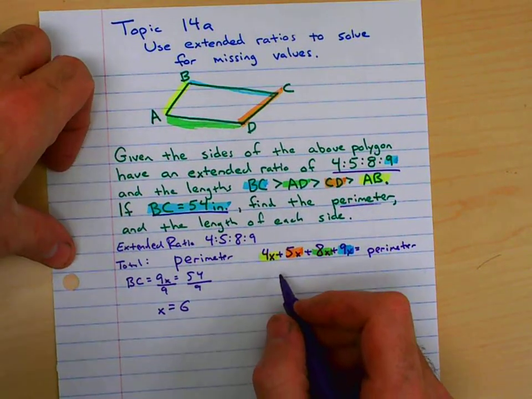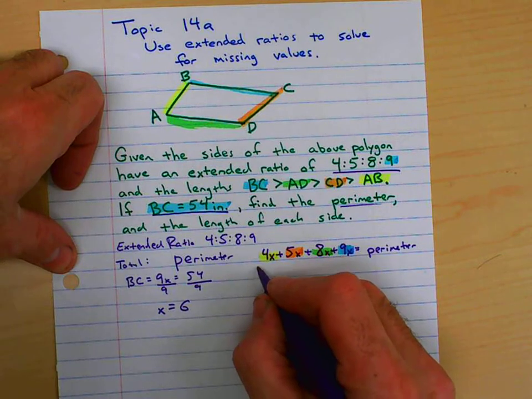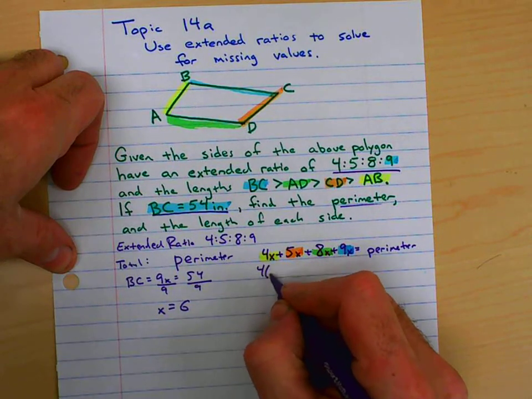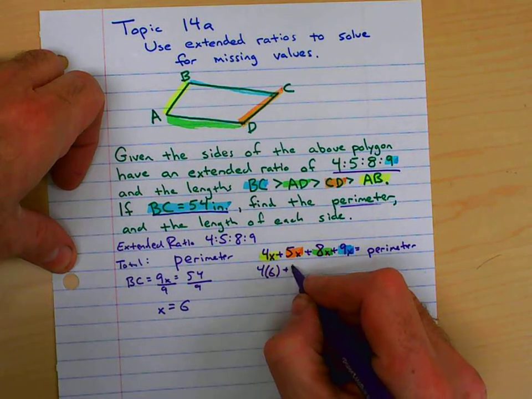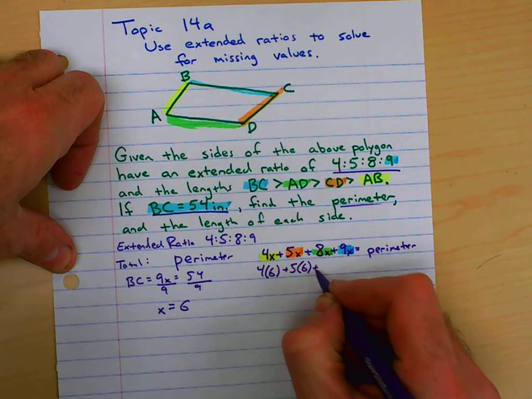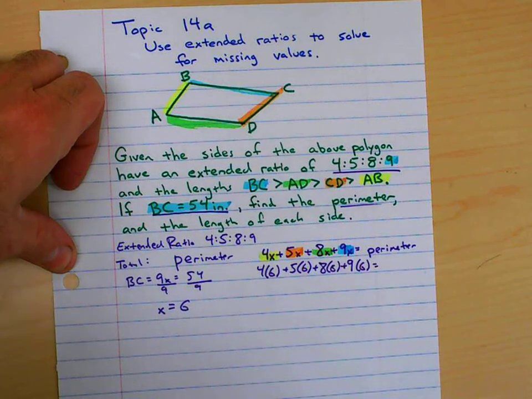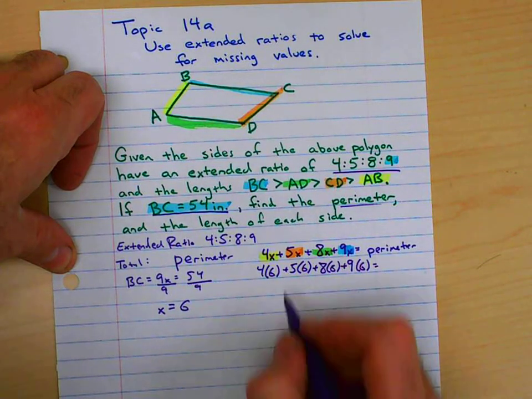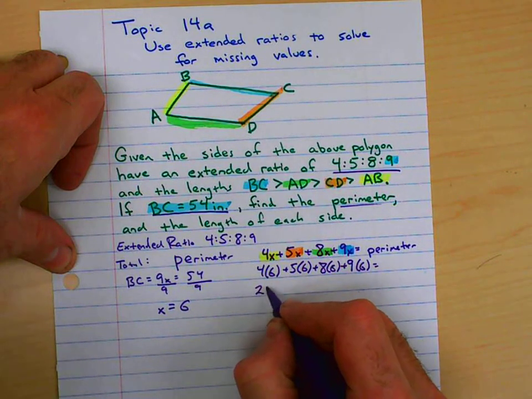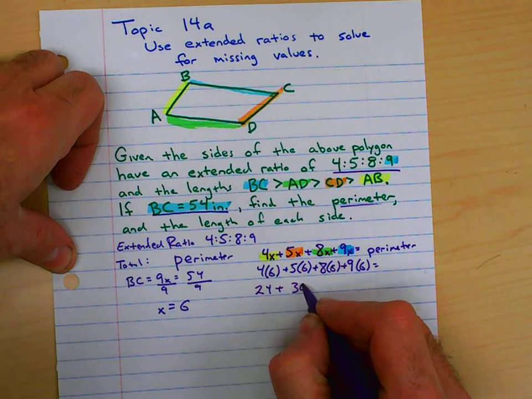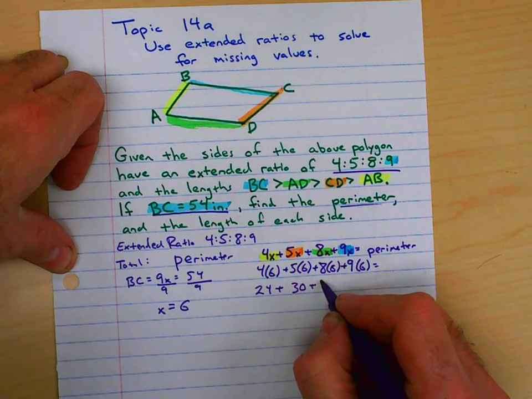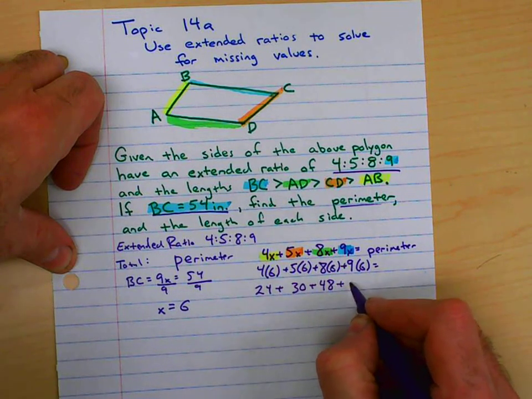So we know 4 times 6 plus 5 times 6 plus 8 times 6 plus 9 times 6 should give us our perimeter. So we have 24 plus 30 plus 48 plus 54.